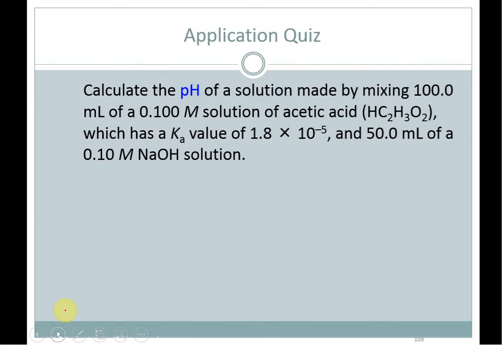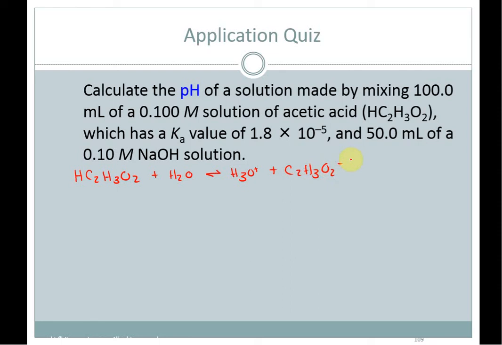Now it gets a little different when we start titrating that with a strong base. Here we have a similar problem to the one we had a few minutes ago, where we had acetic acid in water, which will ionize to give hydronium and acetate.